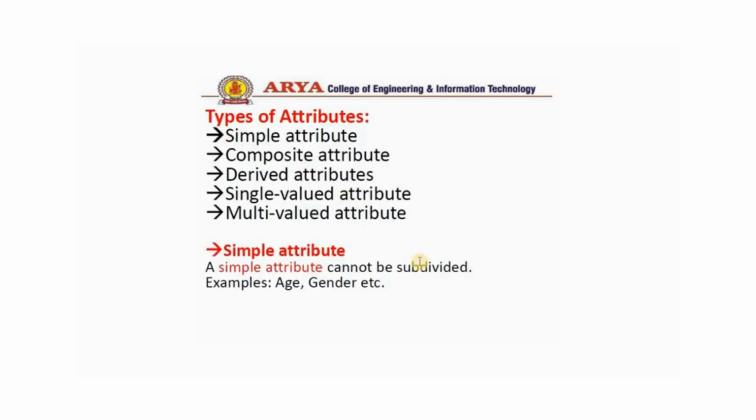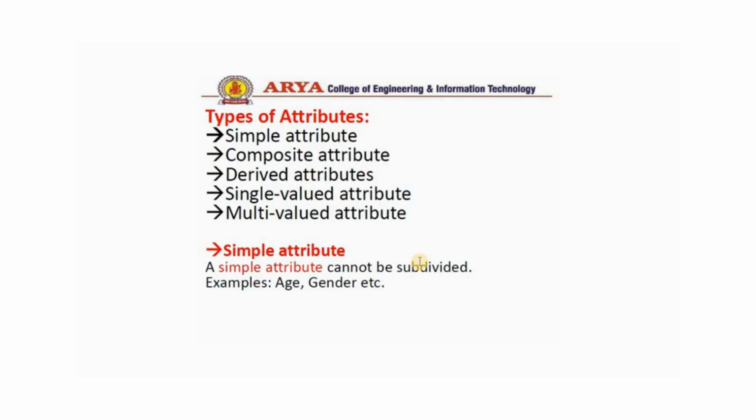Types of attribute. There are various types of attribute. First, we discuss simple attribute, composite attribute, derived attribute, single valued attribute, and multi-valued attribute. What is a simple attribute? A simple attribute cannot be subdivided, like age of the employee, age of the student, gender of the employee.